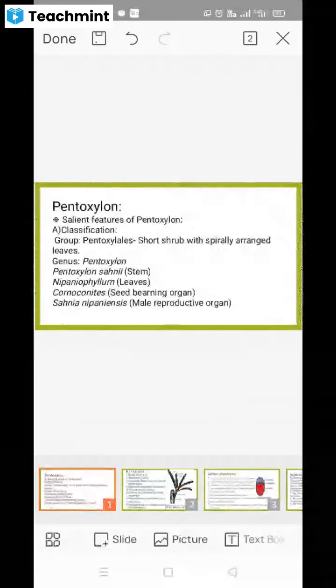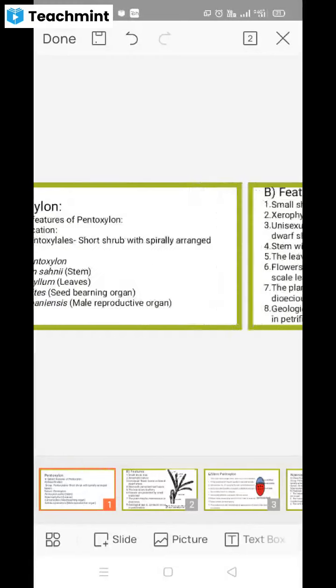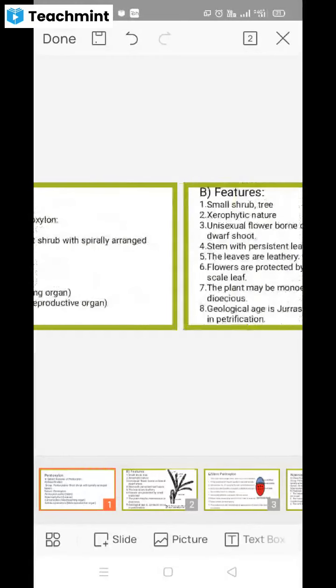Then the stem of the pentoxylon is called Pentoxylon sahnii. Leaves are known as Nipaniophyllum. Then the seed bearing organ is called Carnoconites. Then the male reproductive fossil is called Sahania nipaniensis. So this is all regarding the pentoxylons.